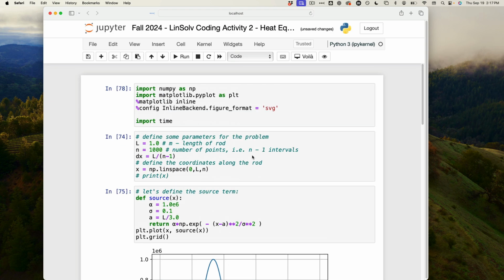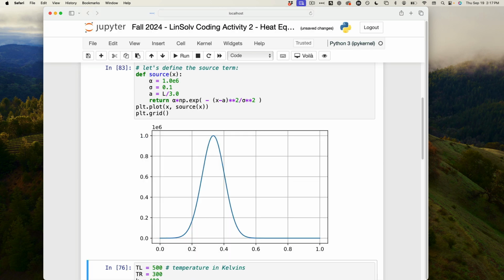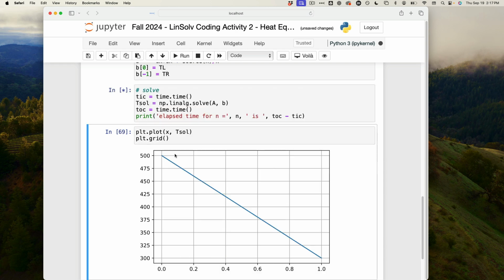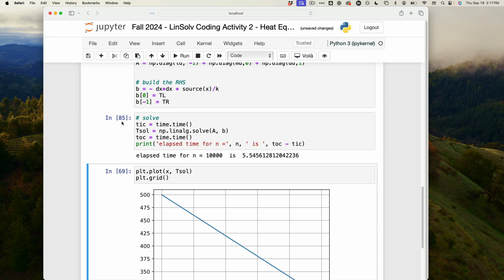Now let's go higher. Let's go 10,000 points. I'm going to run everything again and hit here. Oh, look at that. Still running with only 10,000 points, which is nothing. It's 5.5 seconds. Just by multiplying by a factor of 10, we went exponentially.